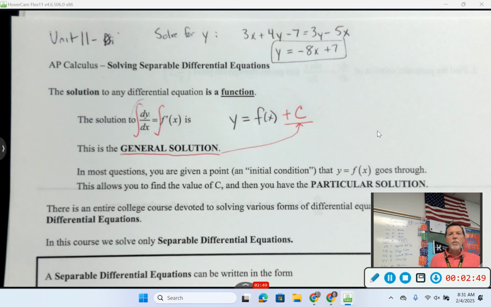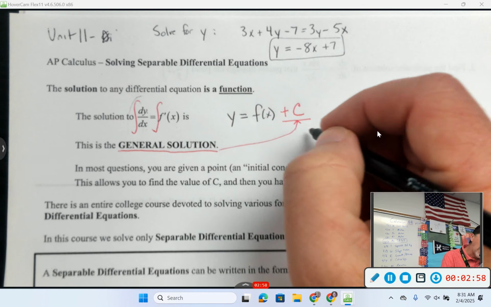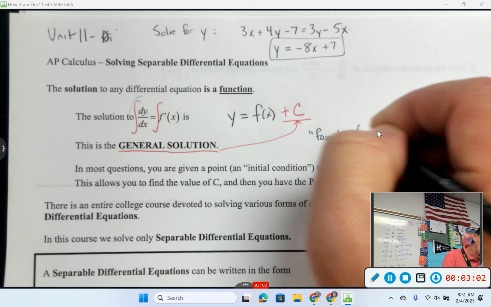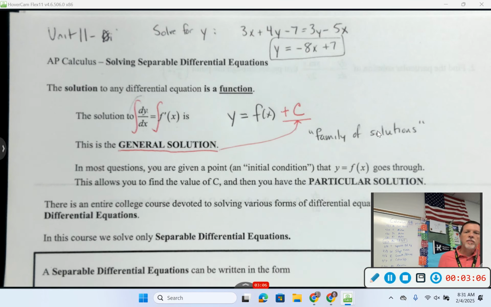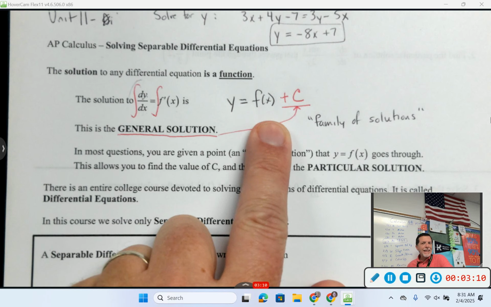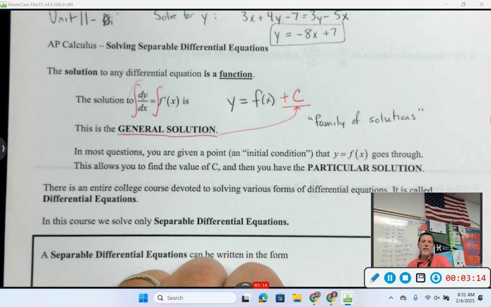There's more than one answer depending on what c is. Or at least right now there's an infinite number of answers. The plus c makes it what we call a family of solutions, meaning until we know what c is, they're all related, family. They just have different plus c's at the end.